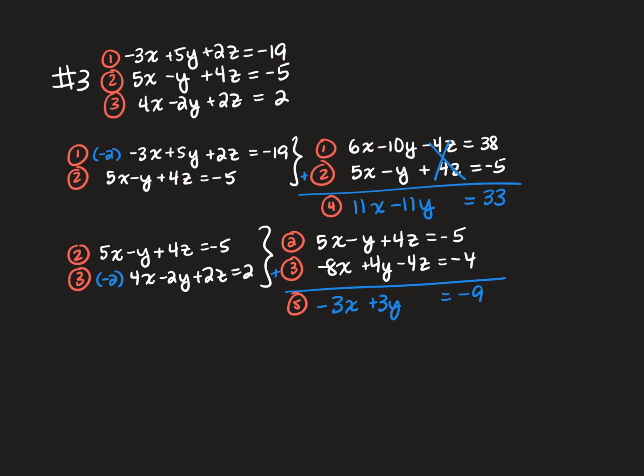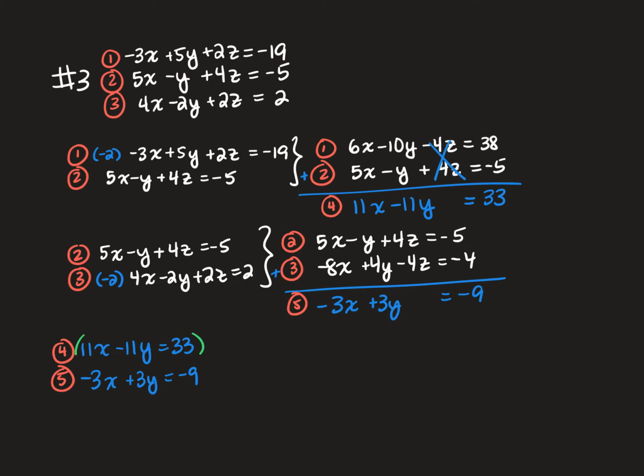Let's put equation 4 and equation 5 together. Now there's actually something really interesting here that I'm going to do with this. So equation 4, I have 11x minus 11y equals 33, and -3x plus 3y equals -9. Now what I'm going to do, instead of multiplying the equations by something, because I'd have to multiply by 3 and 11 to get 33 in front of both either the x's or the y's, I'm actually going to divide.